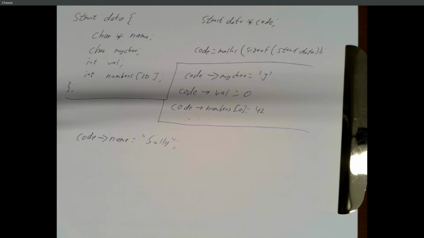Because in C, if you write double quote Sally, close quote, what happens? The compiler will make sure that when your program runs, there is a chunk of memory somewhere, which is big enough to hold Sally and a null terminator. And at the first location of that chunk is the letter S, followed by A, 2 L's, a Y, and a null terminator. That gets set up for you by the compiler and the linker.